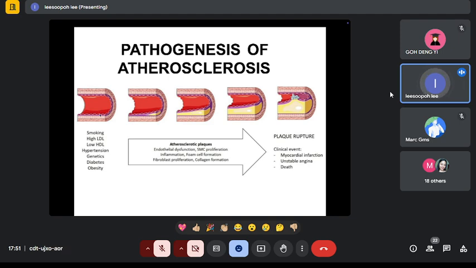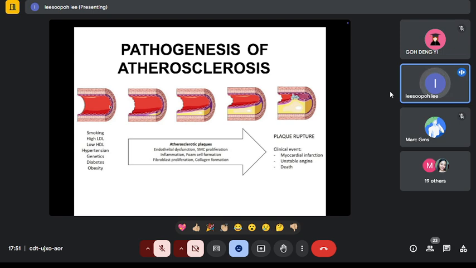This is just a cross-sectional image of our vessels. I think you guys should have seen this type of illustration many times before. So this is a cross section of the vessels. You have three layers. The innermost is called the intima layer, and the red color represents blood.